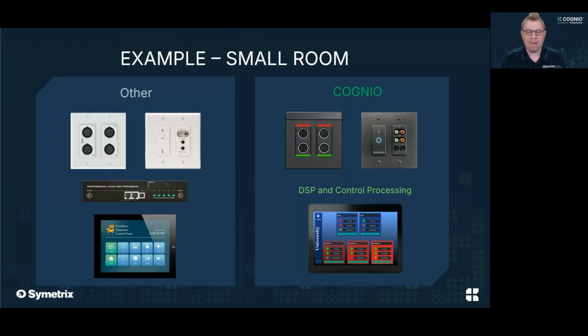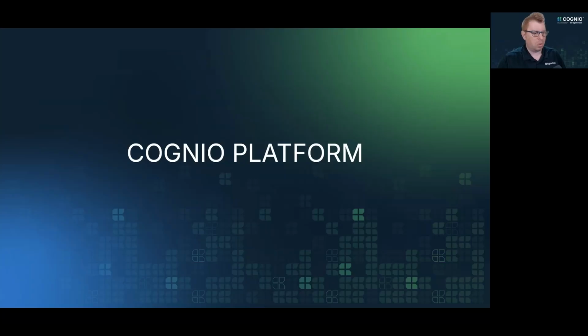The capabilities of modern silicon is so vast these days that we don't need a dedicated piece of hardware to do DSP or control processing for a small room. We can reuse the other processors that are inherently in the system. And this is scaled throughout the Cognio product line. So let me explain how we achieve that at a lower level.